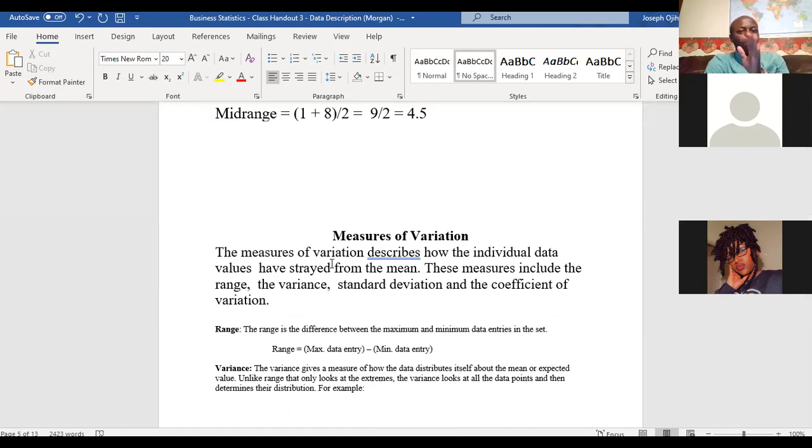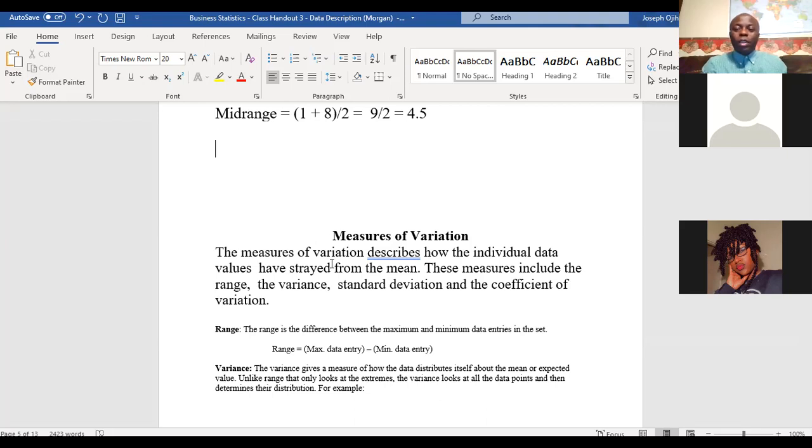Let's say that the speed limit on a road is 45 miles an hour. Let's assume that is the average speed limit. Now, if you're going 50 miles per hour, you are only 5 miles per hour away from the mean. Maybe the cops might see you and say, you don't have time for this, especially if they have something more serious to take care of. Now, if you're going 60 miles per hour in a road that is supposed to be 45 miles per hour, that will attract the attention of the cops.